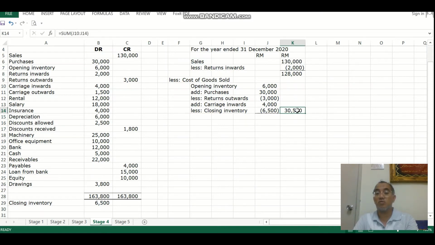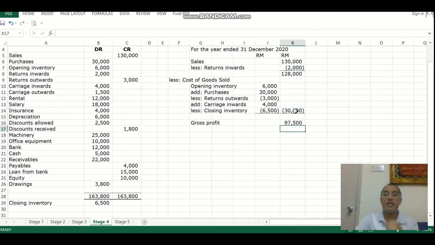So this is the total of cost of goods sold, it needs to be less here, so I put it in brackets. Gross profit will be 97,500.